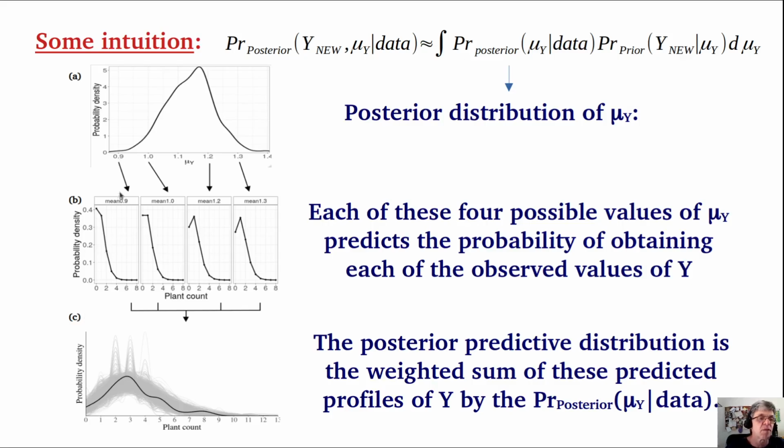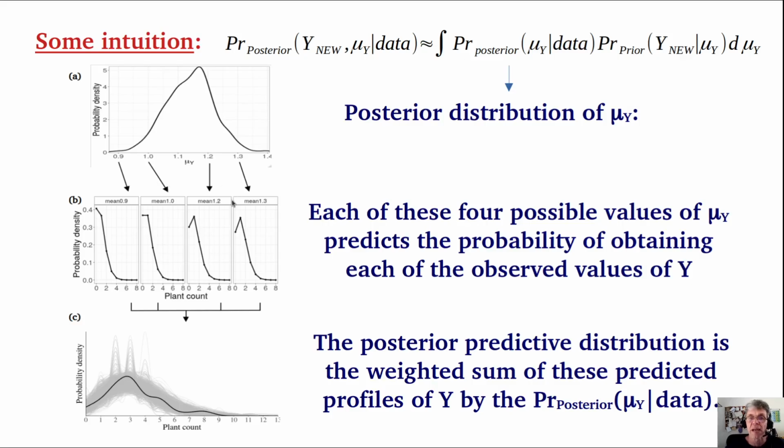The mu of 0.9 is very unlikely, the mu of 1 is very likely, the mu of 1.2 is even likelier, and the mu of 1.3 is less likely. So what we do is that we obtain here the posterior predictive distribution as the weighted sum of these profiles by the probability of obtaining each of these values.